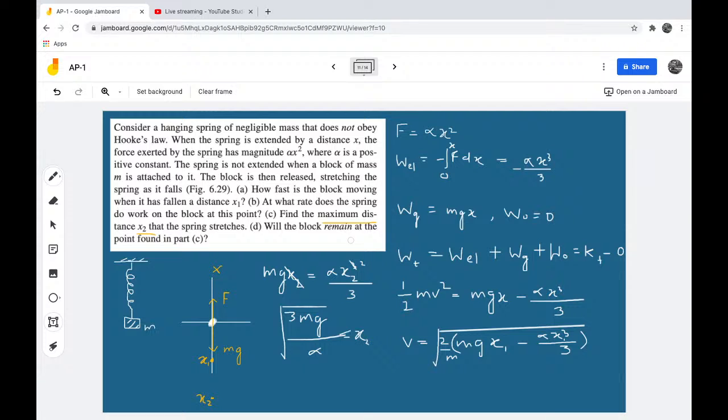If it's not in equilibrium, then it will not remain at its point. How do you check whether the block is in equilibrium or not? Very straightforward. You find out the total force, upward, downward. If the total force is equal to 0, it is in equilibrium. If the total force is not 0, they are not in equilibrium.